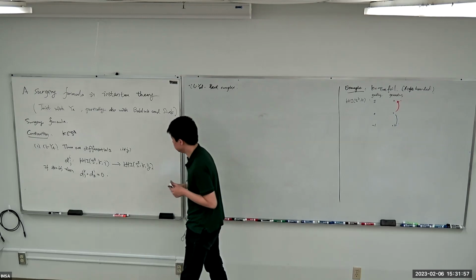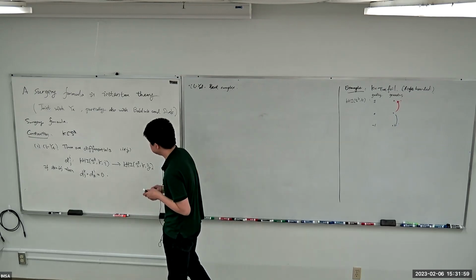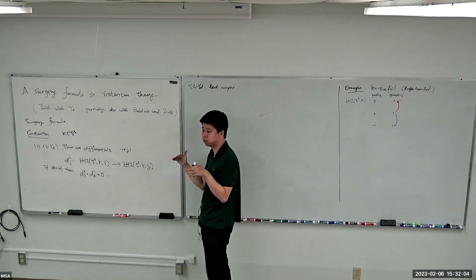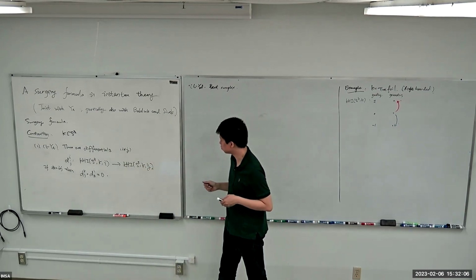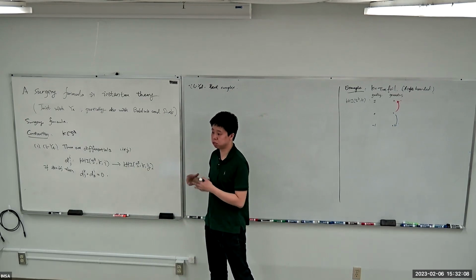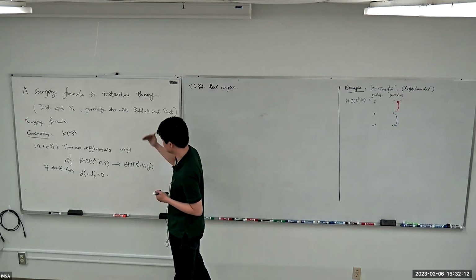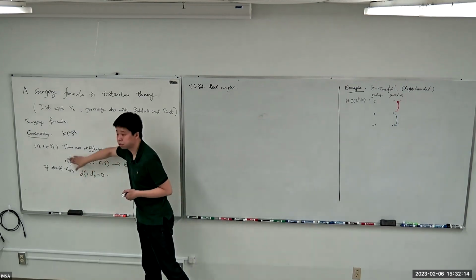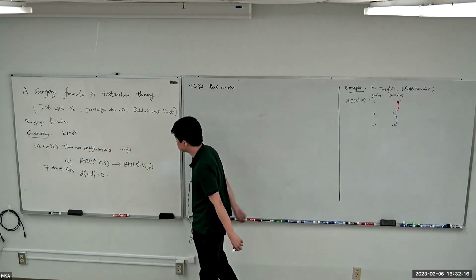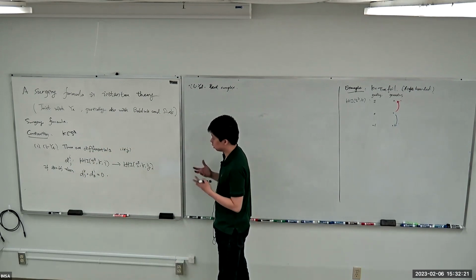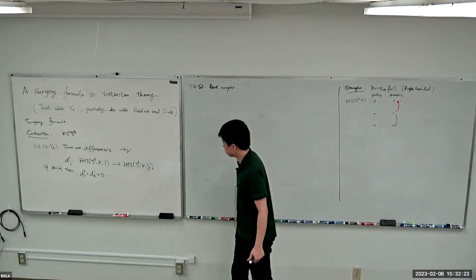If we look at the top filtered part, that gives us the differential for the knot Floer homology, and the other filtered part will give us the other differentials here. So there should be some analog in the Ozsváth-Szabó case as well.